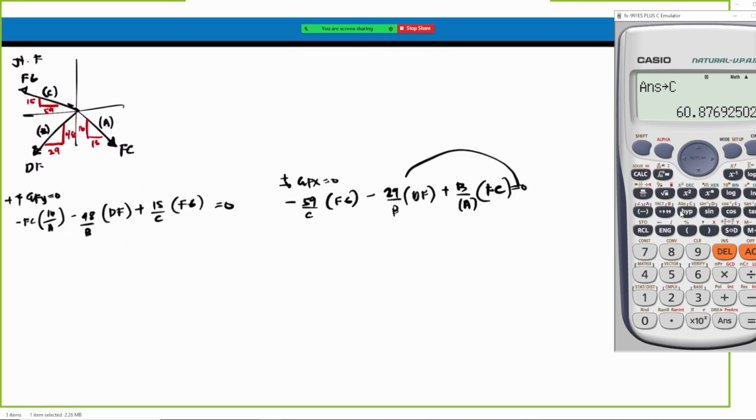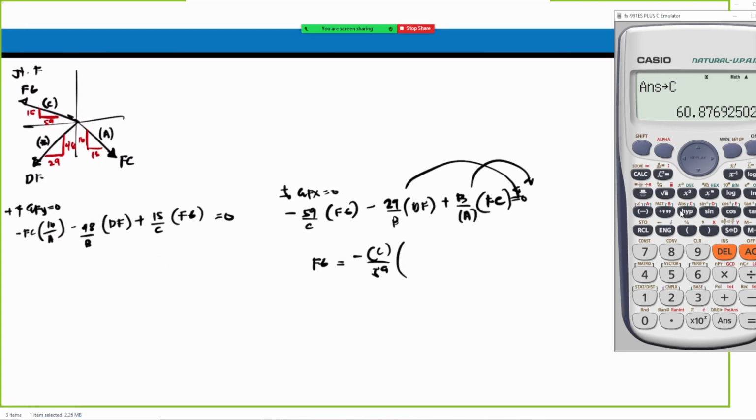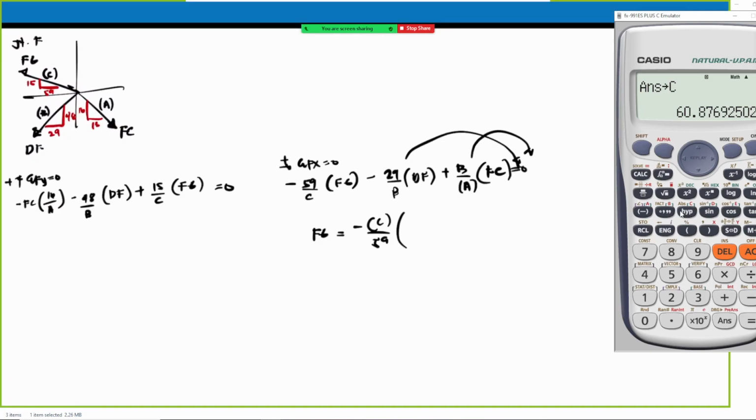So transpose natin to, this one and also this one. And FG is equal to negative store C 59 and then the value of FC and the DF.